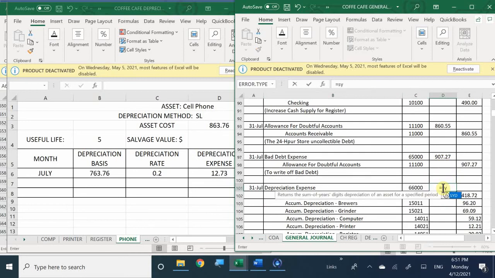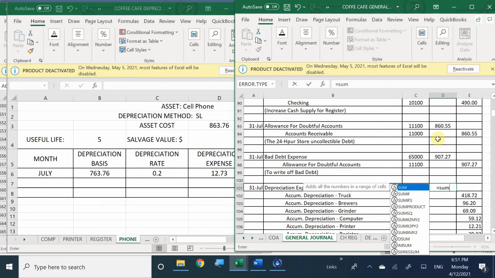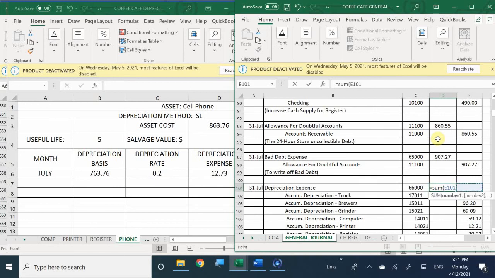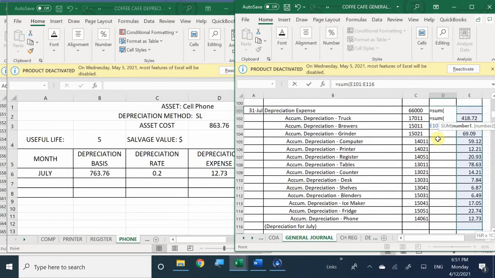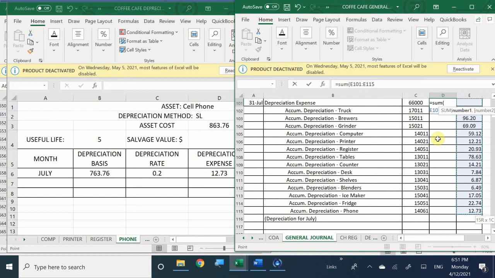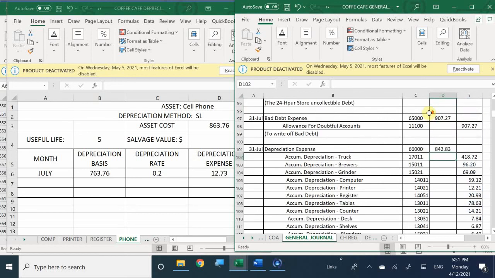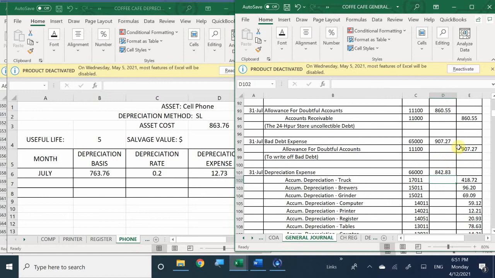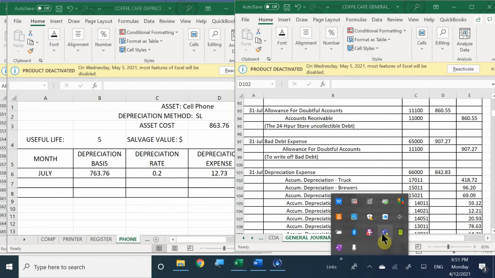So equal sum. All right. And I'm going to go ahead and click on all these numbers here. And I'm going to equal this to get a grand total of $842.84. Okay.